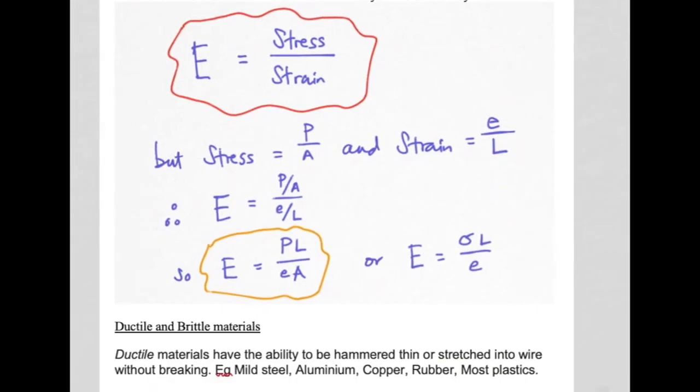So let's dive in and substitute those, P over A, load over area, for stress, and let's substitute change in length over original length for strain. And we end up with P over A upon lowercase e over L. And if we rearrange that a little bit, we can then have E equal to PL over eA.